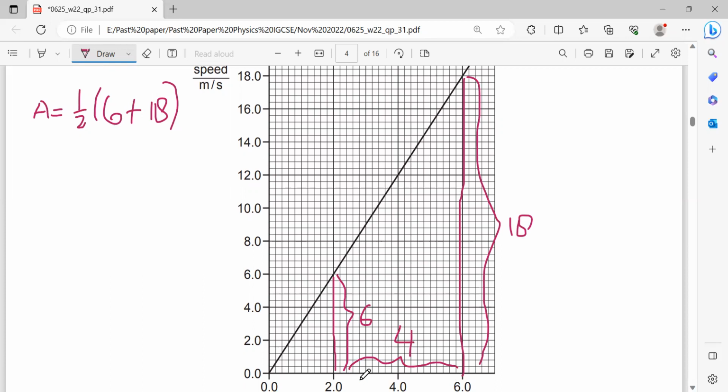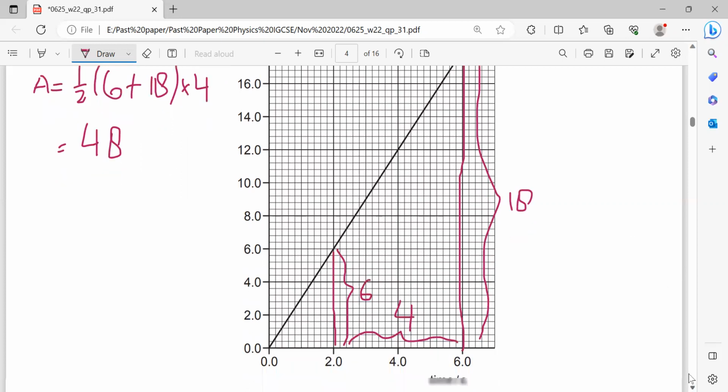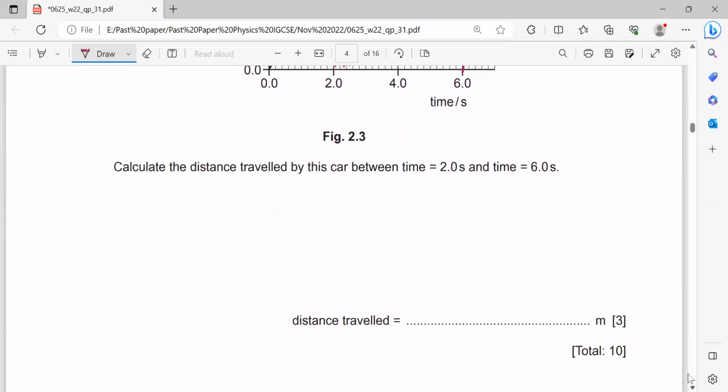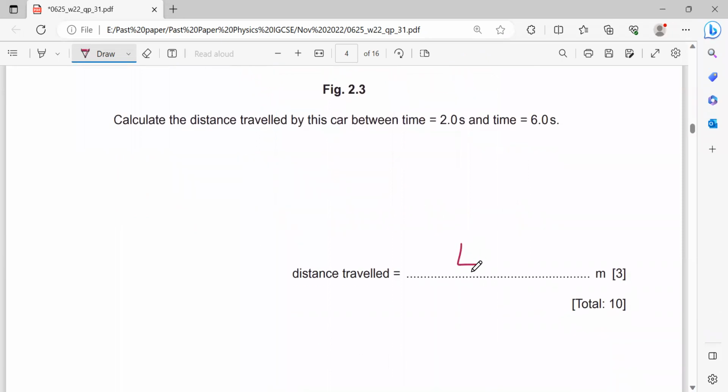Why 4? Because 6 minus 2 equals 4. So it is multiplied by 4. If you calculate, 2 times 24 is going to be 48. So the answer is 48 here.